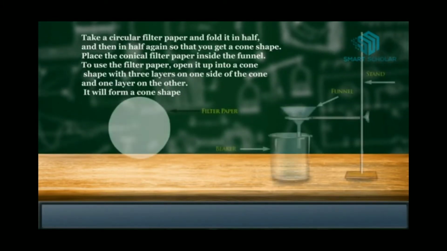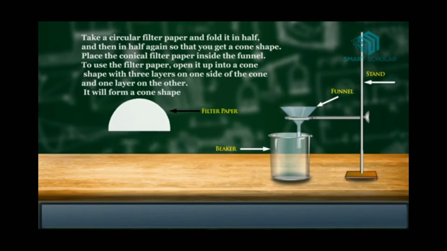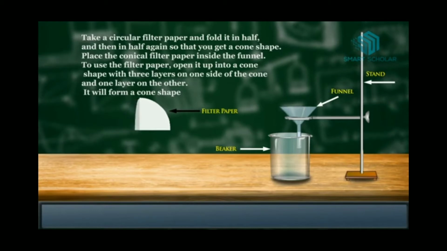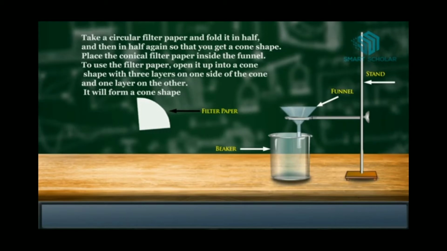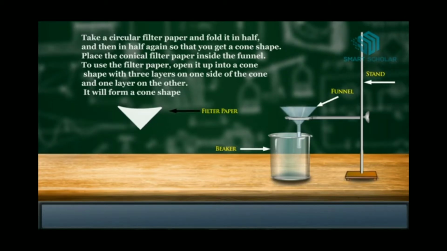Take a circular filter paper and fold it in half, and then in half again, so that you get a cone shape. Place the conical filter inside the funnel. To use the filter paper, open it up into a cone shape with 3 layers on one side of the cone and 1 layer on the other.